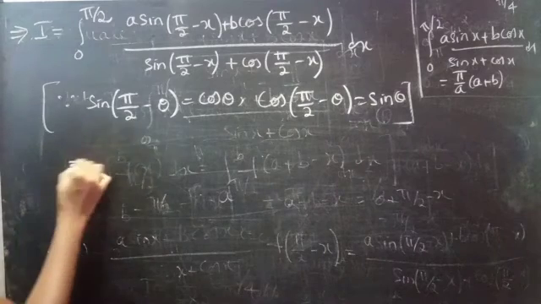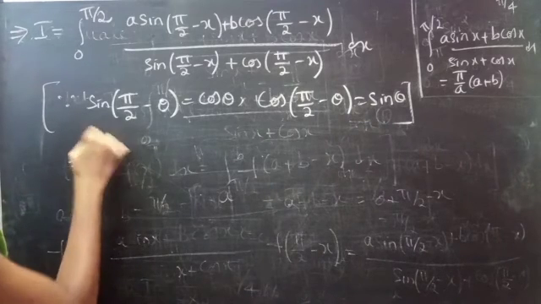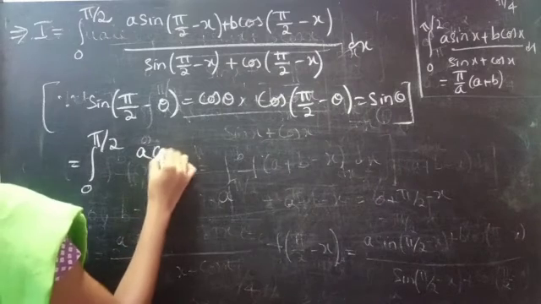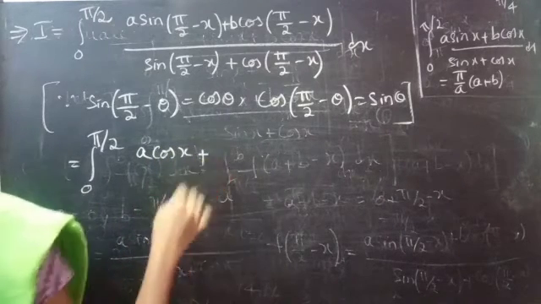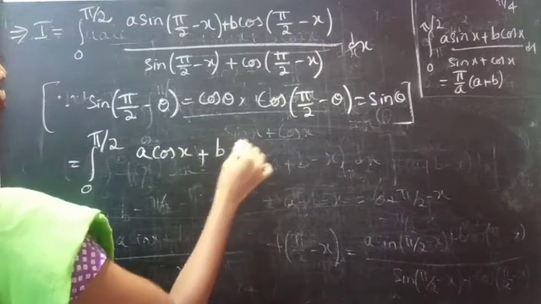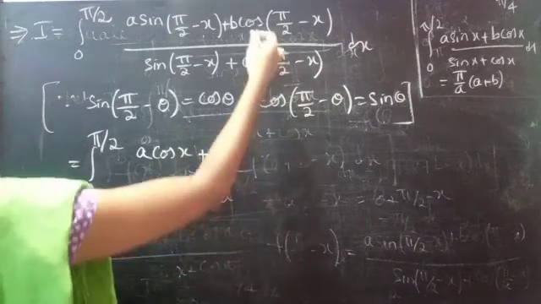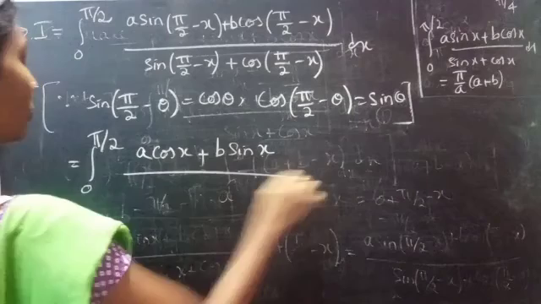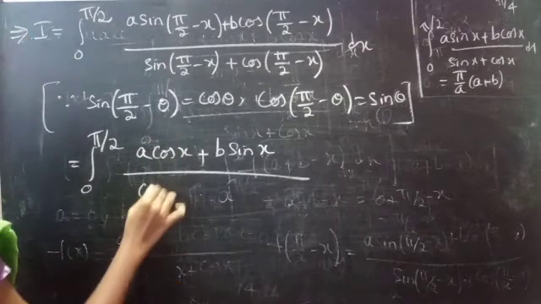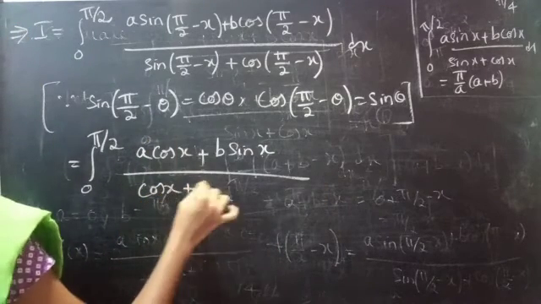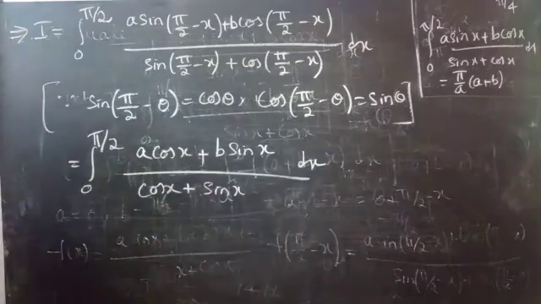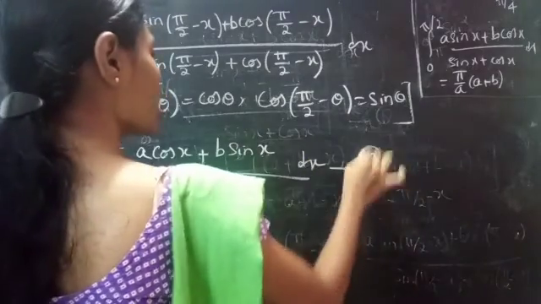So this equals integral 0 to pi by 2 of a cos x plus b sin x, divided by cos x plus sin x, dx. So consider it as equation 2.